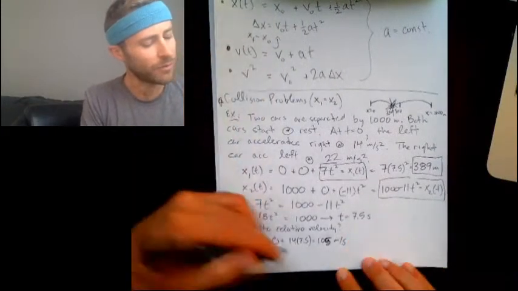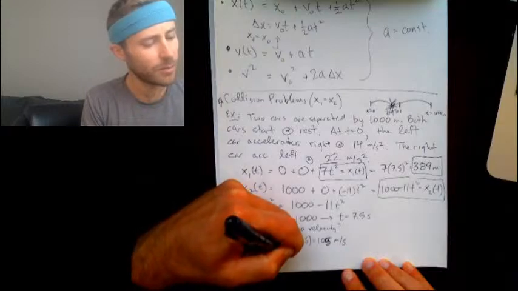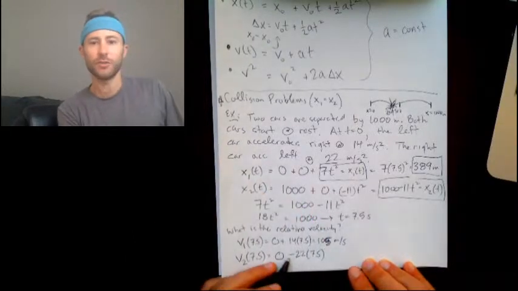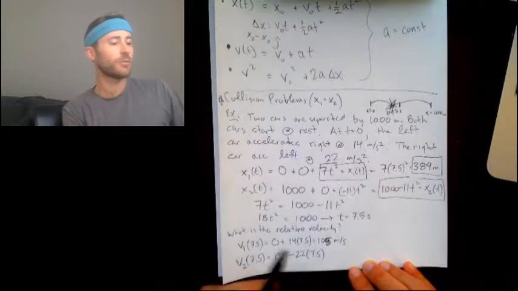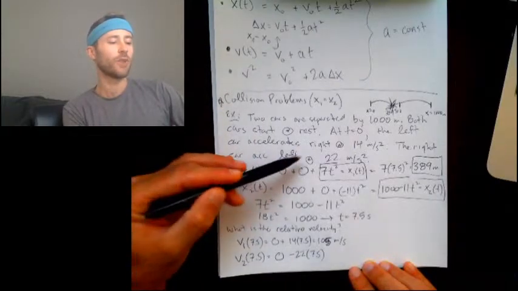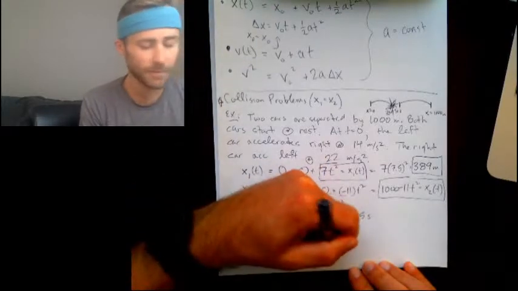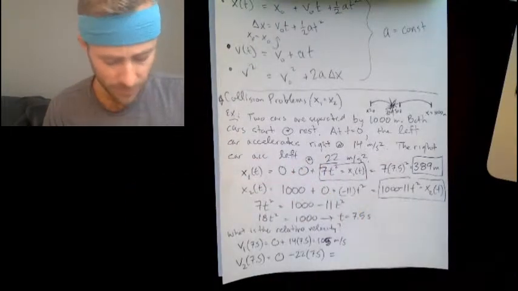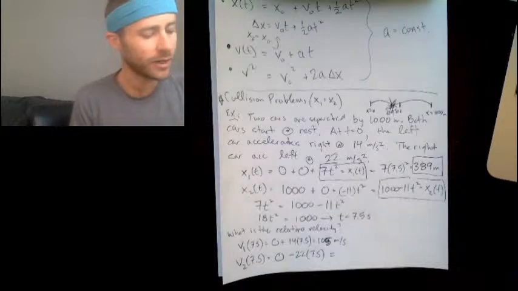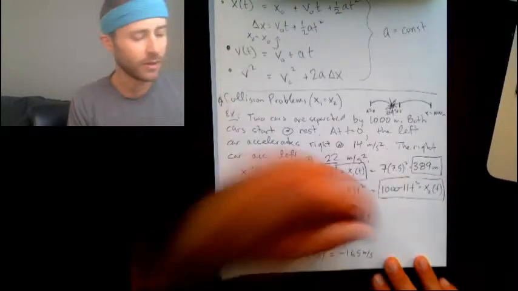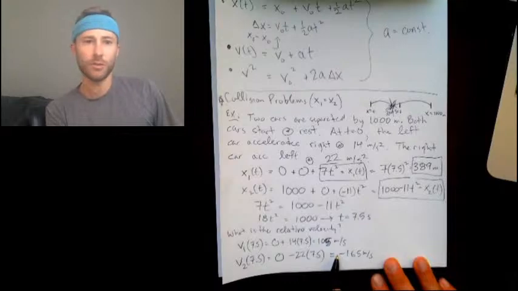So at 7.5 seconds, we have 0 minus 22 times 7.5. Where did minus 22 come from? That's because the right car had an acceleration of negative 22 meters per second squared. And so that gives me a velocity of negative 165 meters per second. Negative indicating that it's traveling to the left.